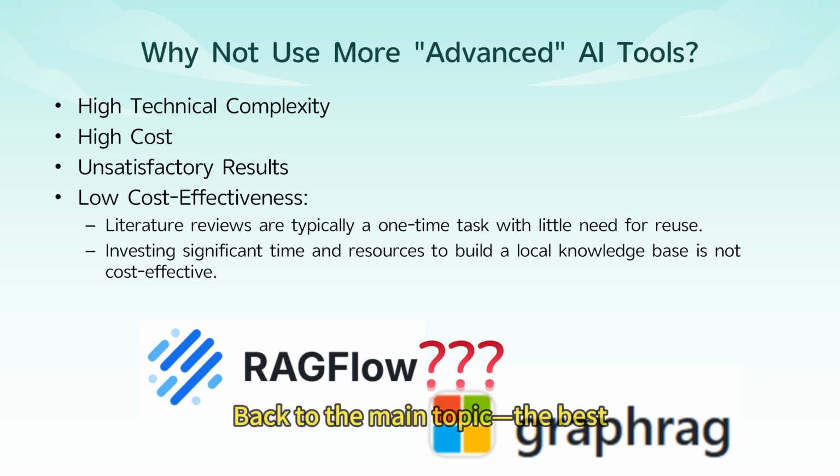Back to the main topic. The best way to structure the summarization with GPT is to first categorize, then summarize. The summarized document is copied into GPT.